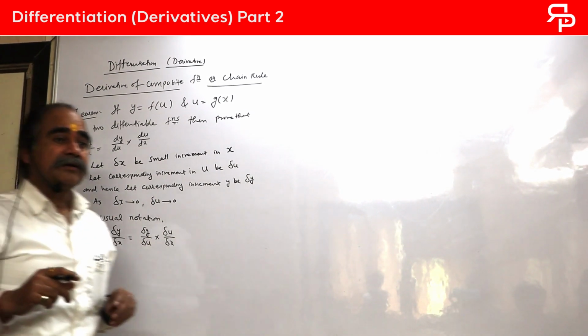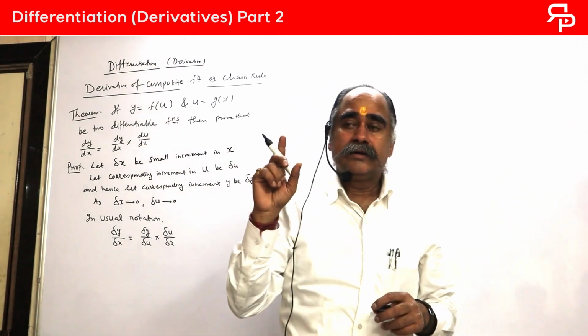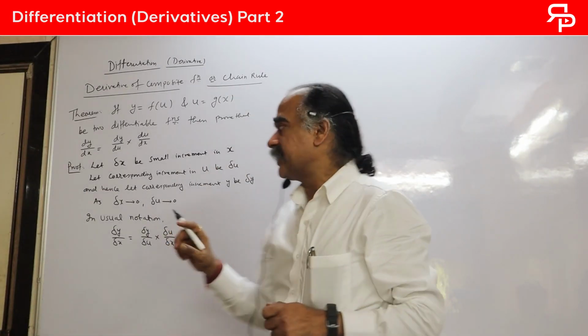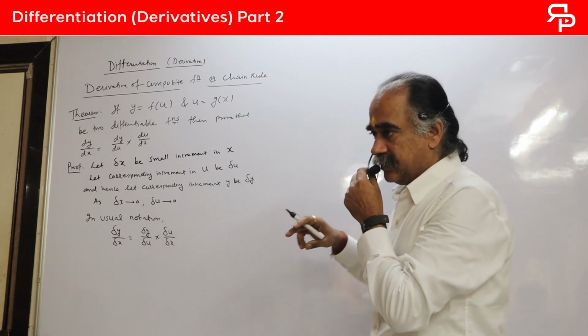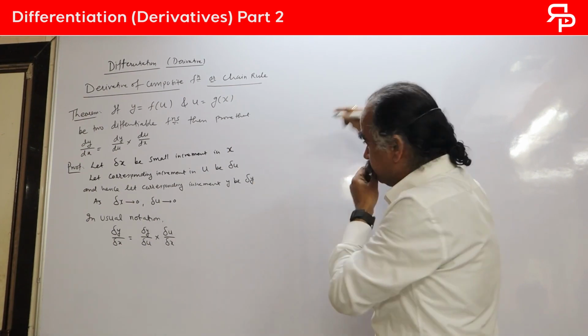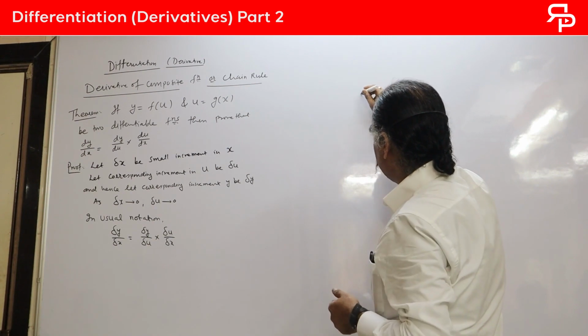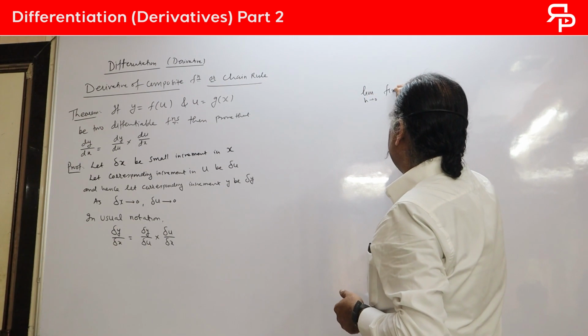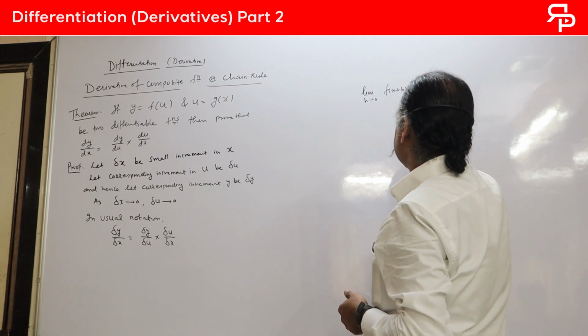If you remember, in algebra of derivative, I gave various steps to prove theorems of derivative. First principle was limit h tends to 0, f of x plus h minus f x upon h.